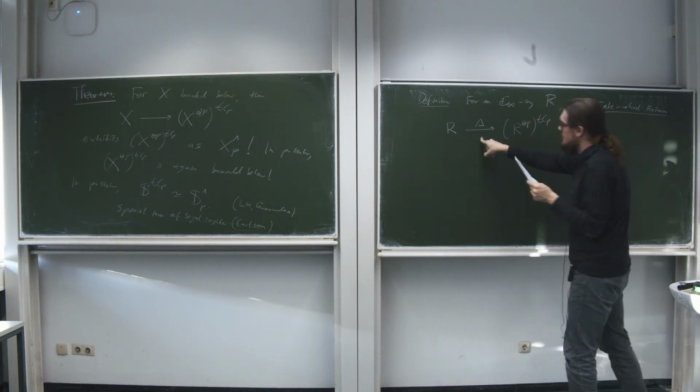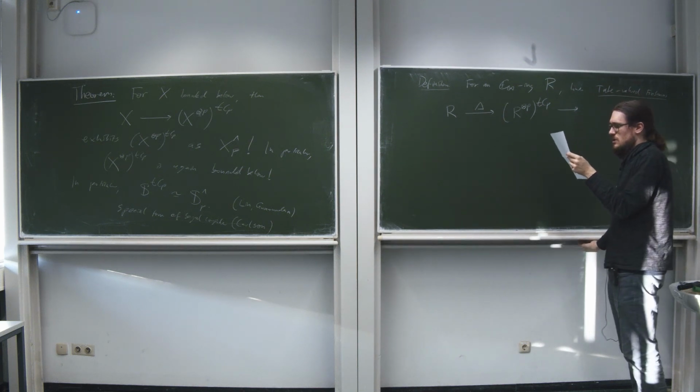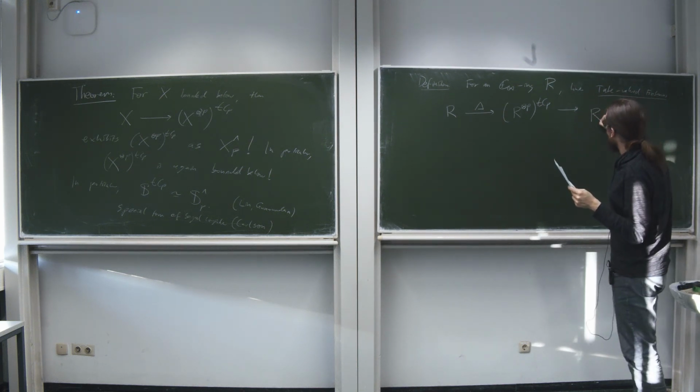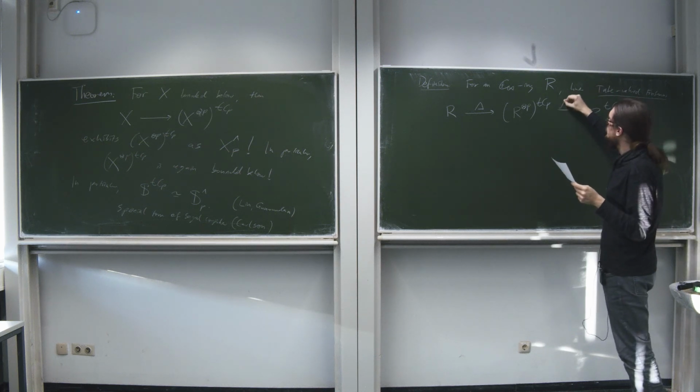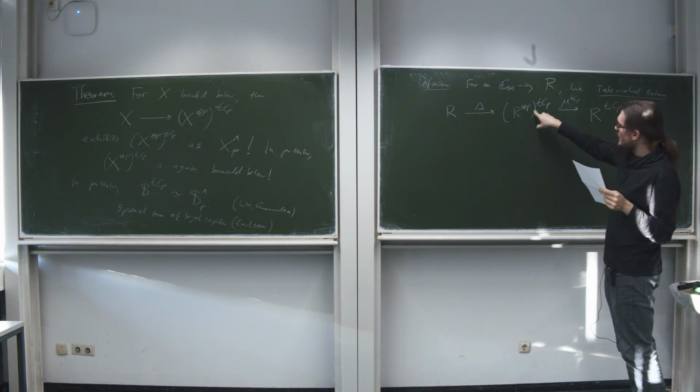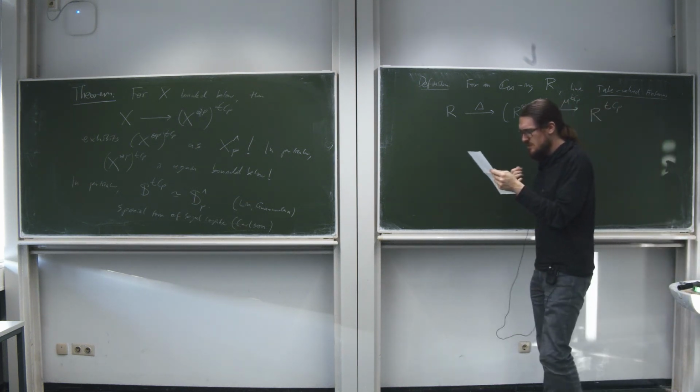We take this Tate diagonal, which I'm just writing as delta, and then we go back down to R Tate CP, using the multiplication under the Tate CP.